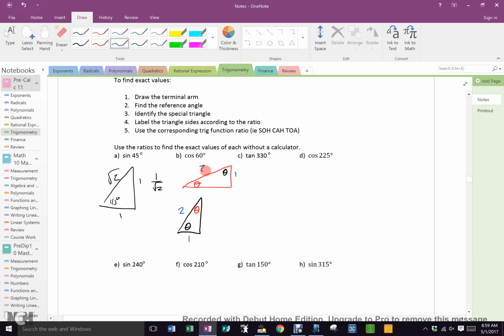Because I only wanted cos. Are we good right now? Cos needs an adjacent, doesn't it? I need the root 3. Correct? Now, where's the 60?